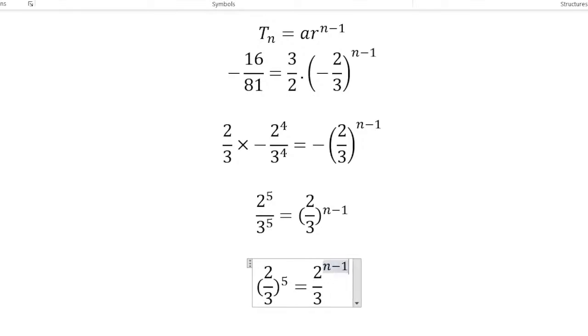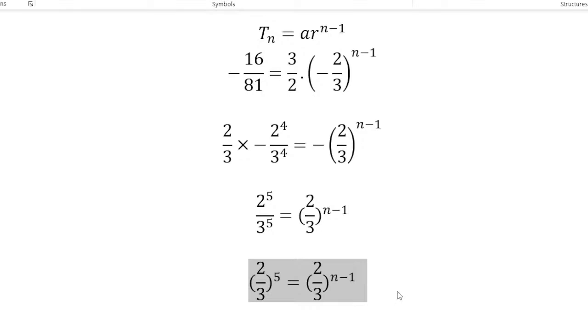Now when we apply our exponential principles or laws, whatever you might call them, when the bases are the same, we equate the exponents.